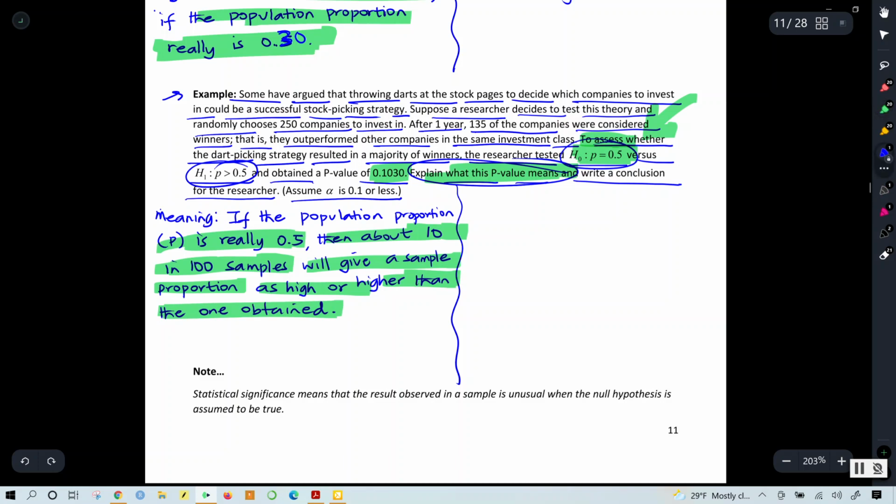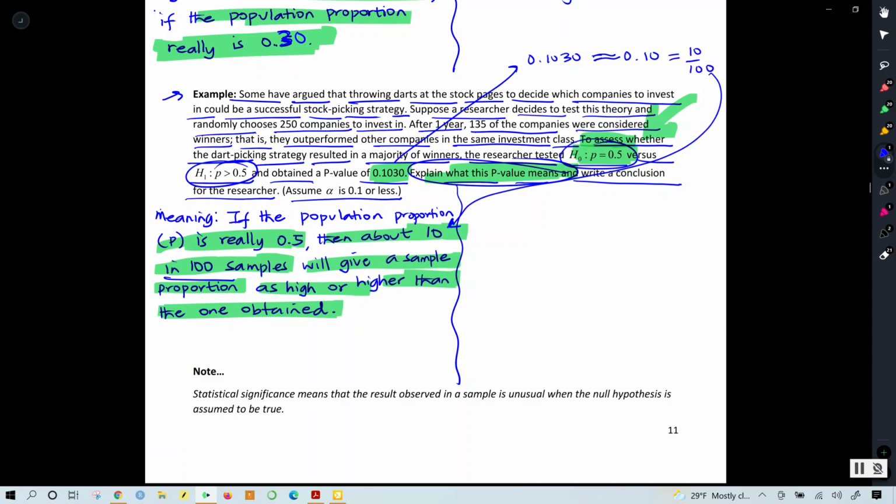Take note that 0.1030 approximately to 2 decimal places is 0.10, which is equivalent to 10 out of 100. This is where I got the 10 in 100 samples from.